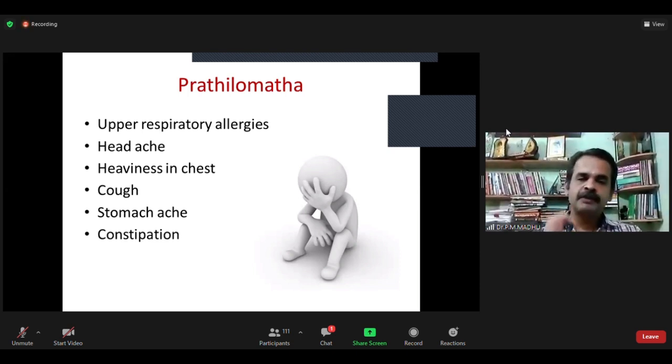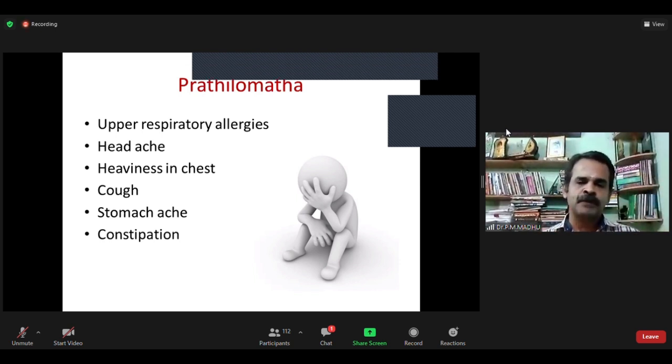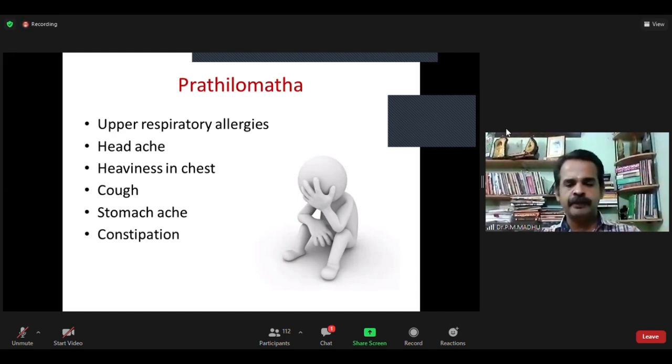We can identify the Pratilomata inside the body by assessing the patient in terms of upper respiratory allergies, headache, heaviness in chest, cough, stomachache. These are the essential signs and symptoms patients commonly complain of. If we have to assess the Pratilomata, we have to ask these questions. Then we can identify if the patient is having some Pratilomata.